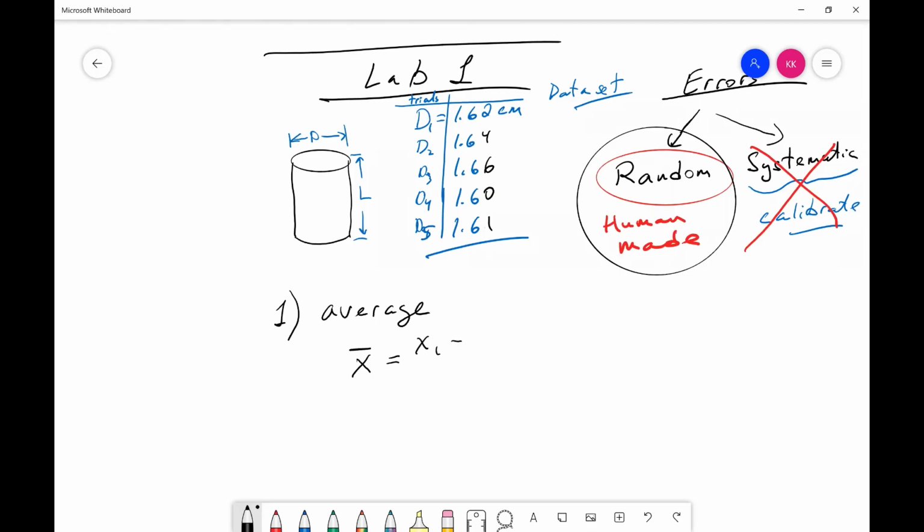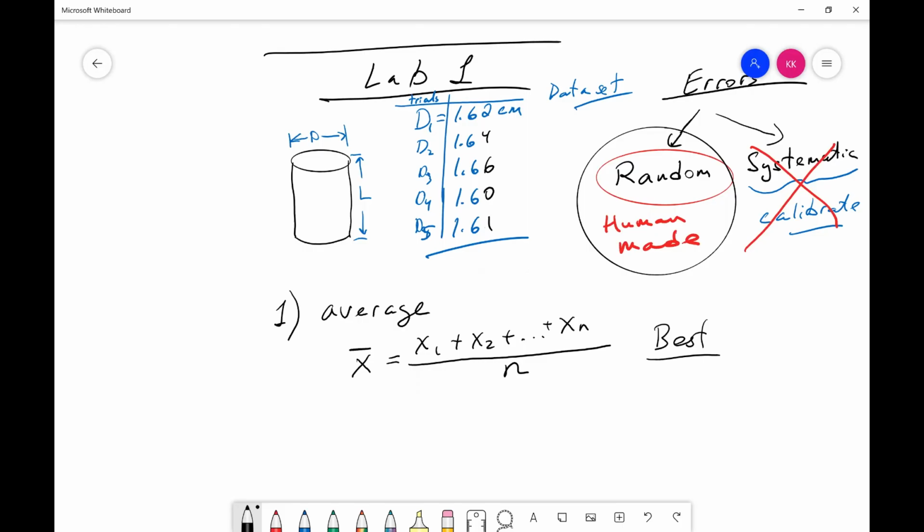This will be X1 plus X2 plus ... plus Xn, where N is the number of measurements, and then this is divided by the number of measurements. So this will be, for example, the best value that you can use to present the diameter of that cylinder.